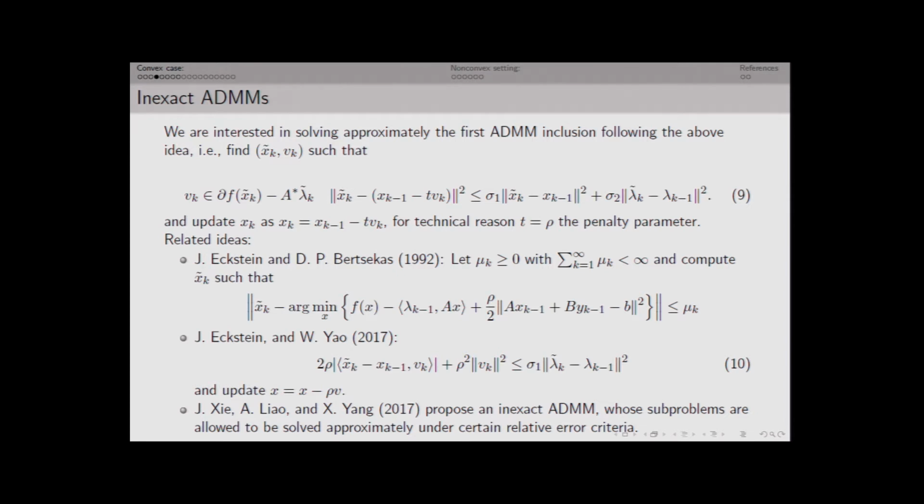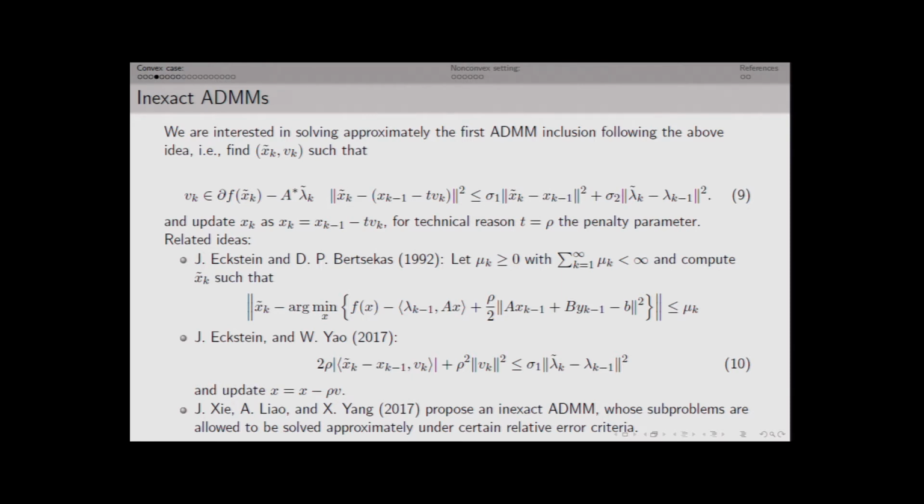Maybe almost the same time, I don't know, Shi, Liao, and Yang also had a similar idea for solving this first subproblem of ADMM.